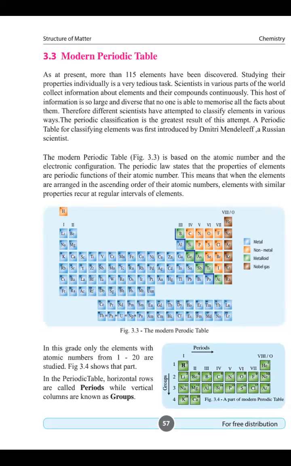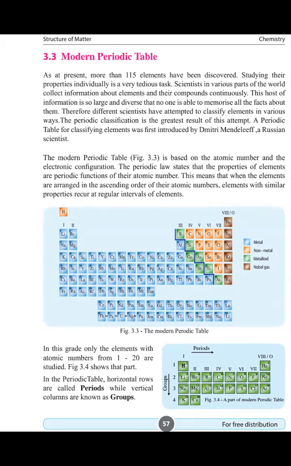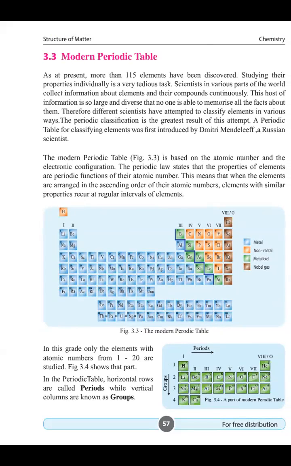The periodic law states that the properties of elements are periodic functions of the atomic number. You should know this periodic law.